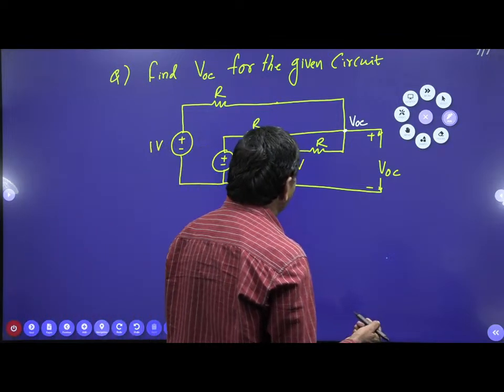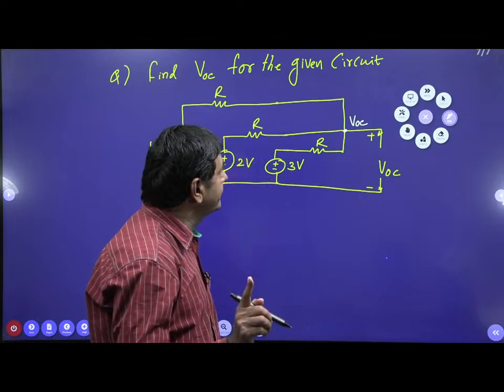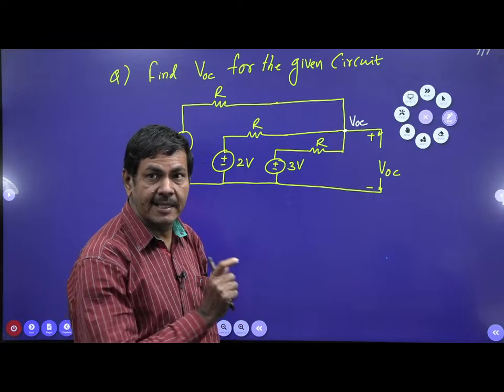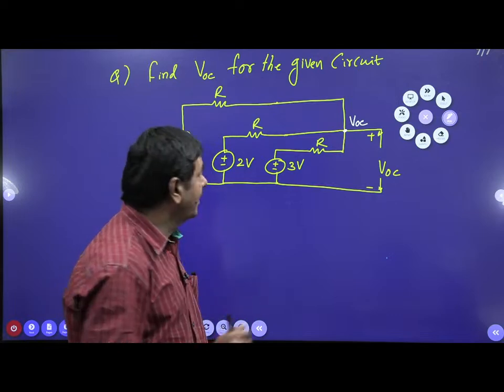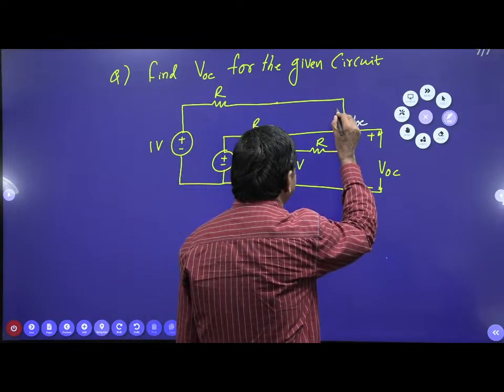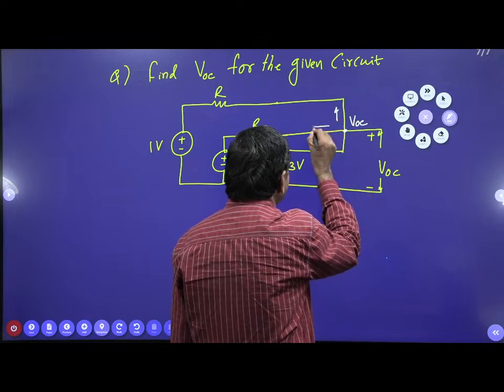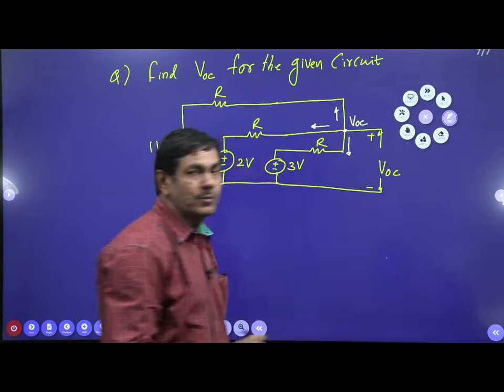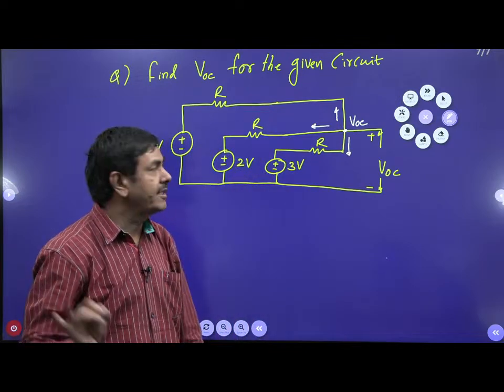To apply nodal analysis, initially what is required? KCL is more important. KCL means you need to put the direction of currents. Away from the node you can connect this current plus this current plus this current equal to 0.